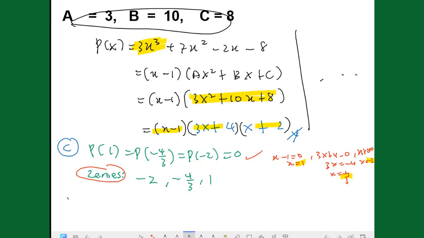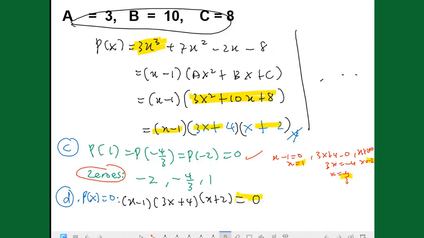Find the roots. Kalau roots, you kena buat macam ni. Dia dah katakan Px is equal to 0. You kena buat x minus 1, 3x plus 4, x plus 2 is equal to 0. Dia ada tertib sikit untuk roots. This one compulsory. Kena ada statement dulu ni. Baru dia buat x is equal to 1.